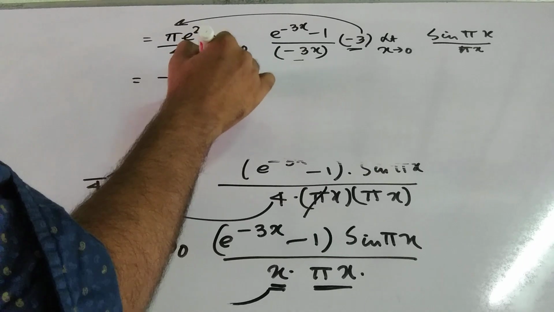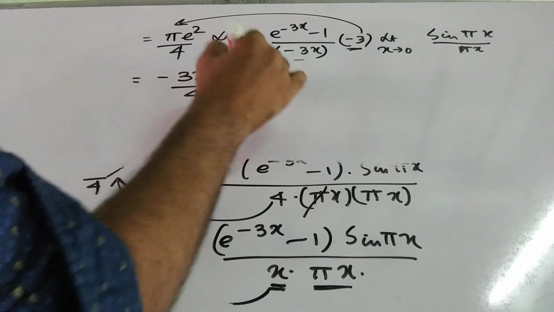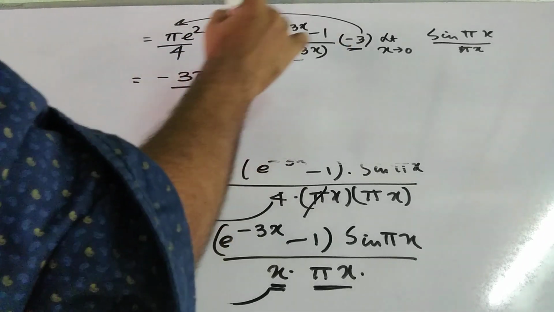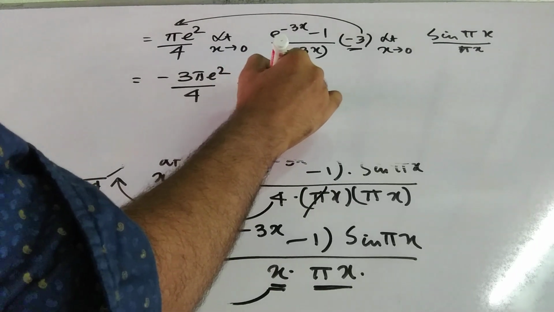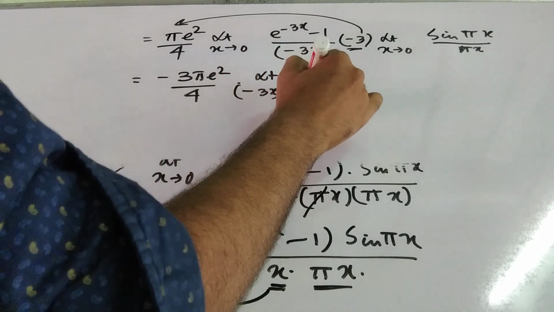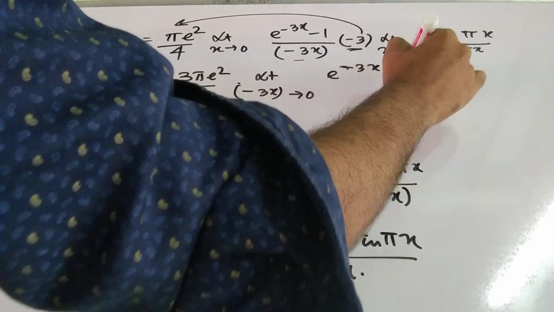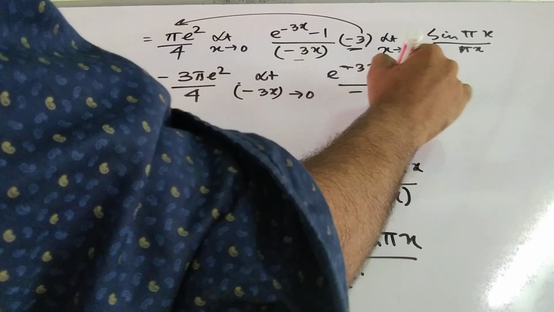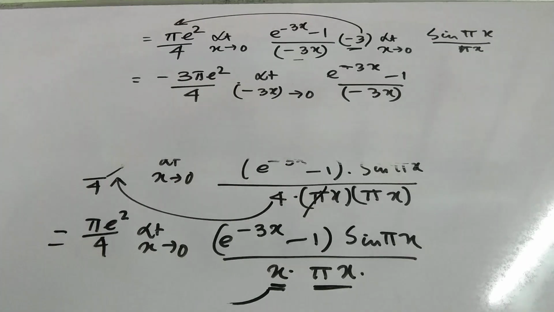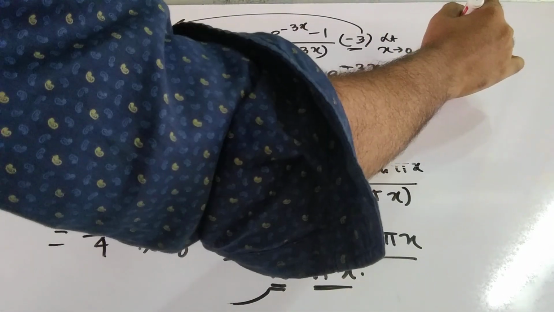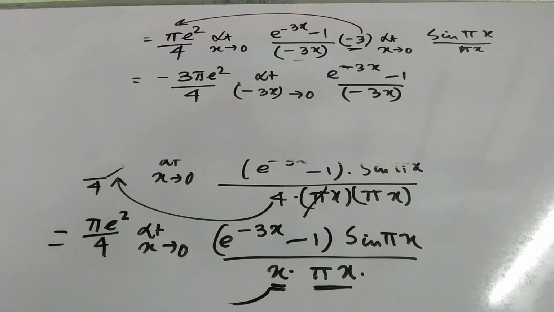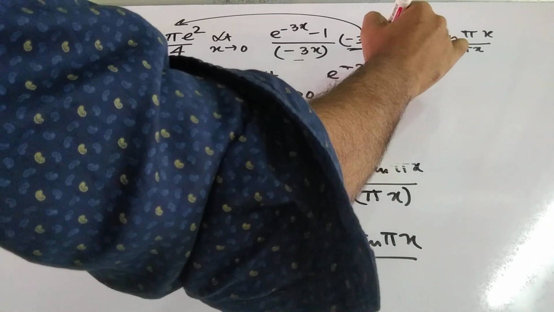Then minus 3 pi e square by 4 into limit, if x tends to 0, obviously minus 3x is another variable that will also tend to 0, e to the power minus 3x minus 1 divided by minus 3x. And in this portion, if x tends to 0, then pi x also tends to 0.